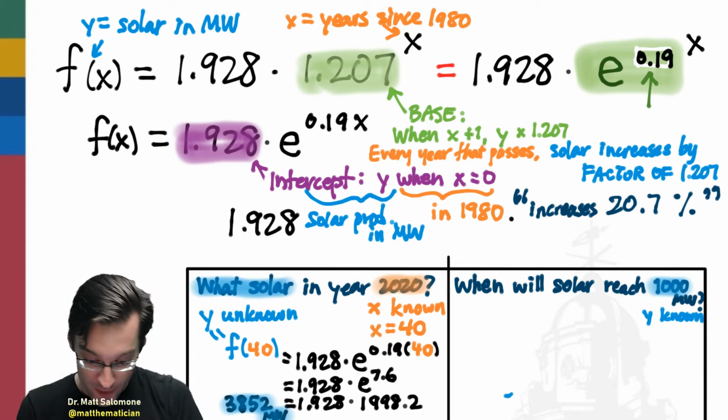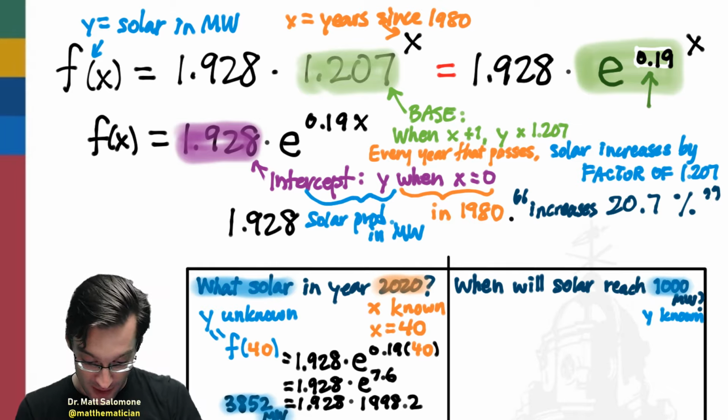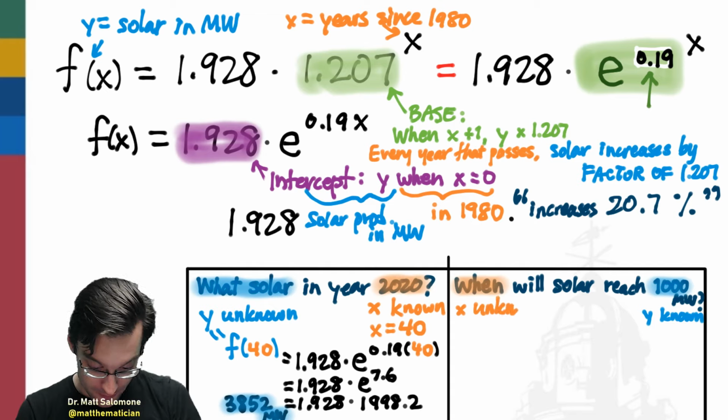The second problem is the one that has the stickier algebra involved in it, because when I know y, but the question is x, and the question here is when, and because x is my when variable, this means that x is unknown. So now what I'm trying to do is solve the equation f of x is equal to 1,000.